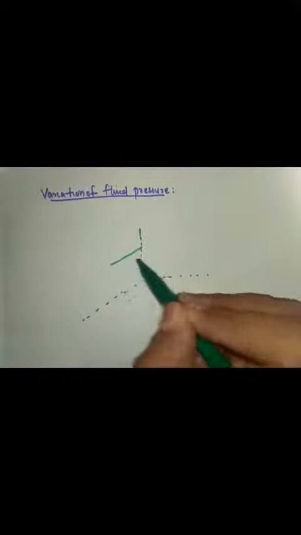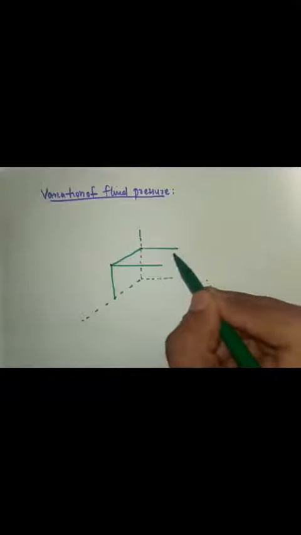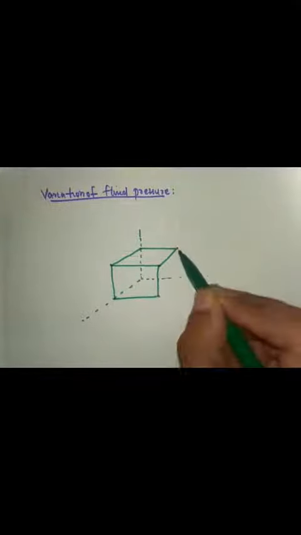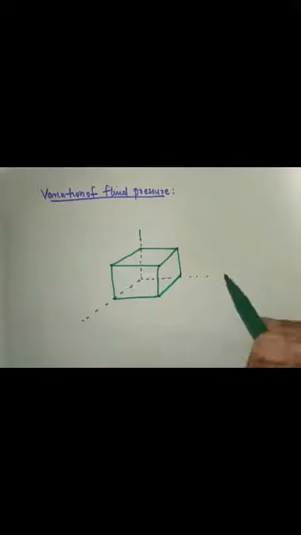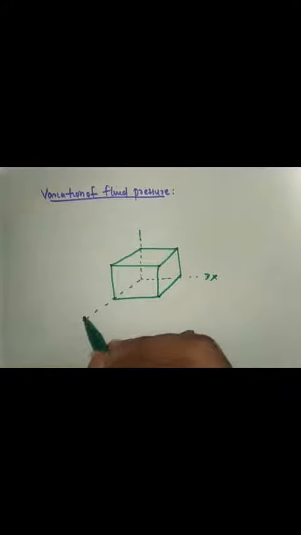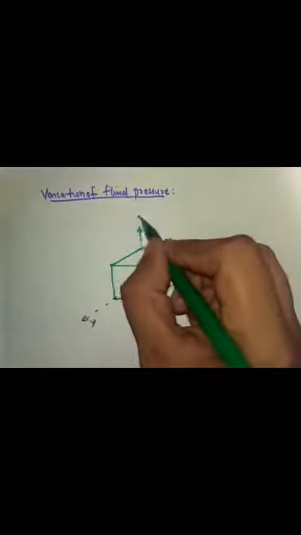So this is your small cubic element, x direction, y direction, and this is the z direction.